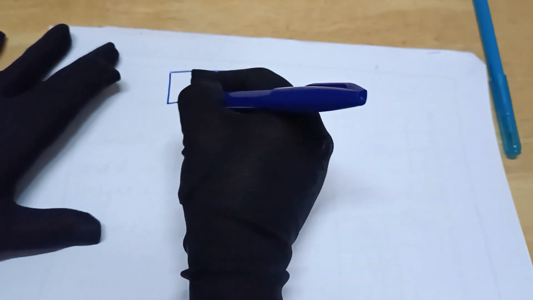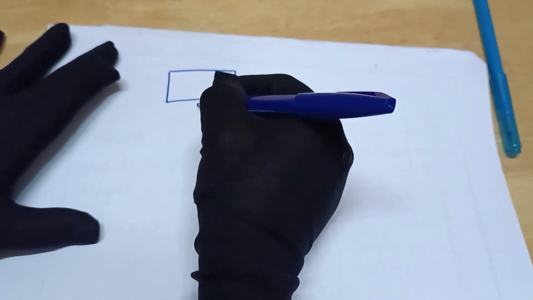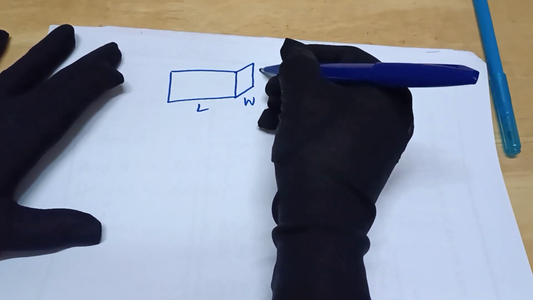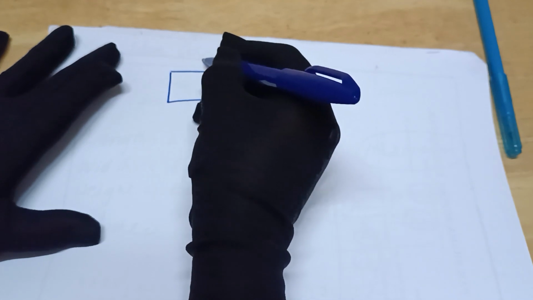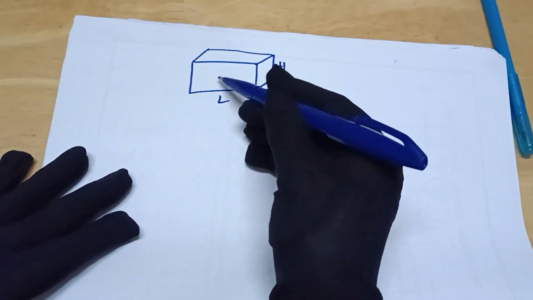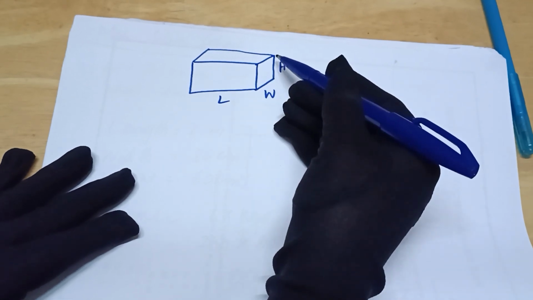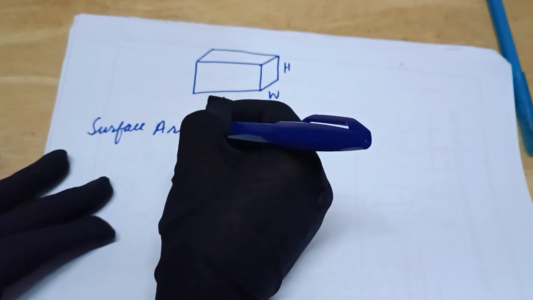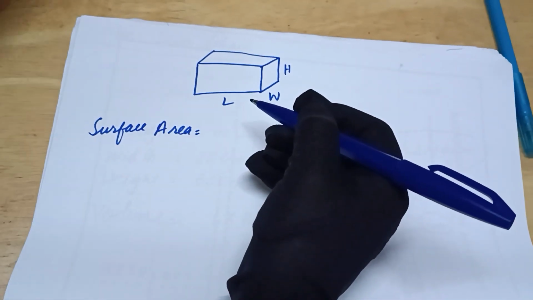Let me draw this once again. Length and width, and this was the height. So the front face and the opposite face. For the surface area formula, as we have done, the cuboid has 6 faces.